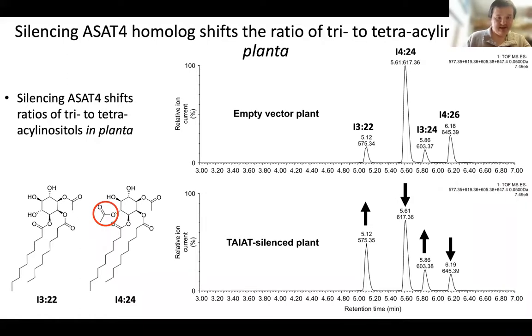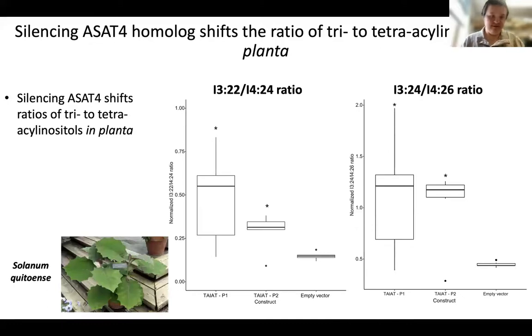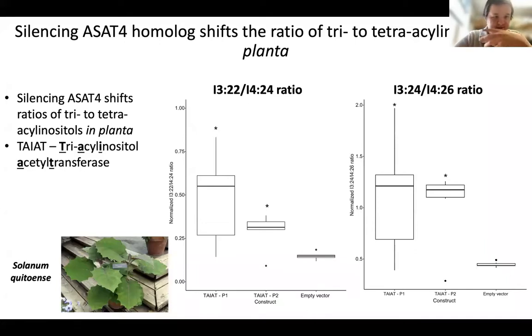We saw this trend was maintained across a number of different plants, in which we saw increases in I322 to I424 and I324 to I426, differing by a single acetyl group. Based on this, we hypothesized that this enzyme was a triacyl inositol acetyltransferase, TAIAT. This is what I'll refer to it as going forward.